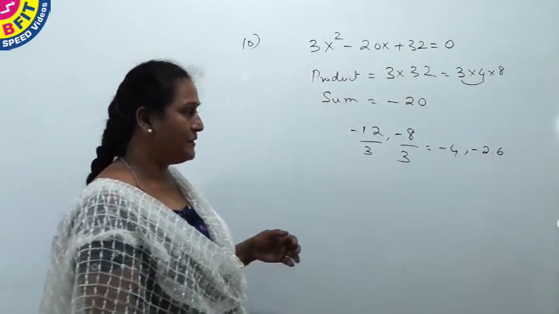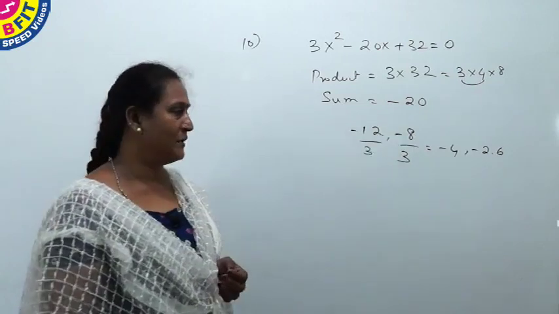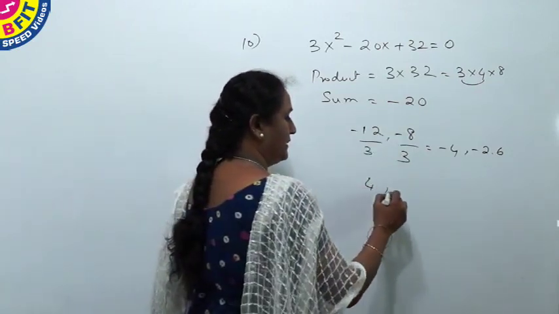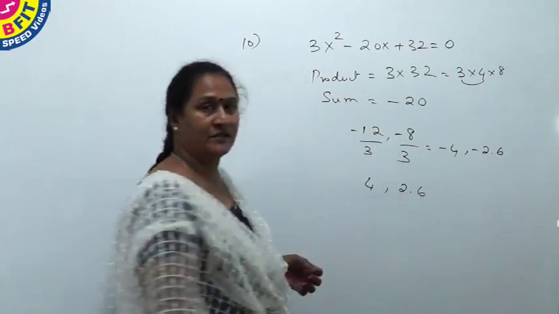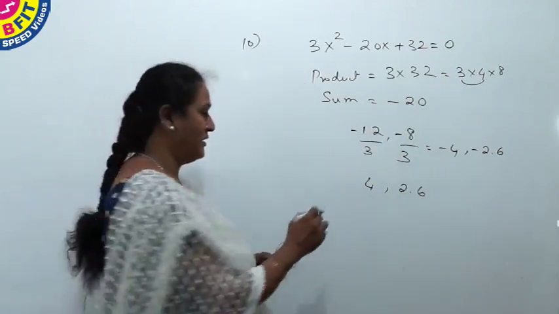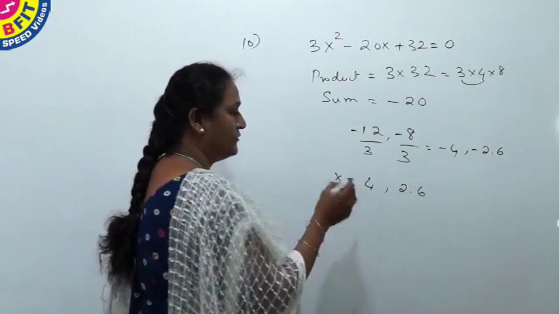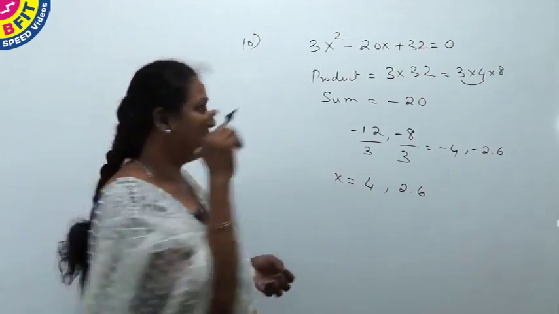And the third step is to change the symbols of these numbers. So changing the symbol, we have 4 and 2.6. Now the solution for this equation, or values of x, is 4 and 2.6.